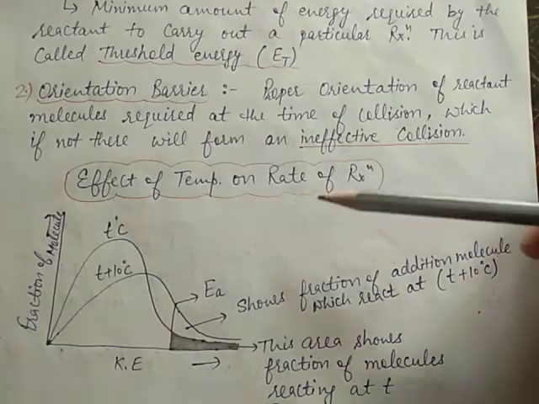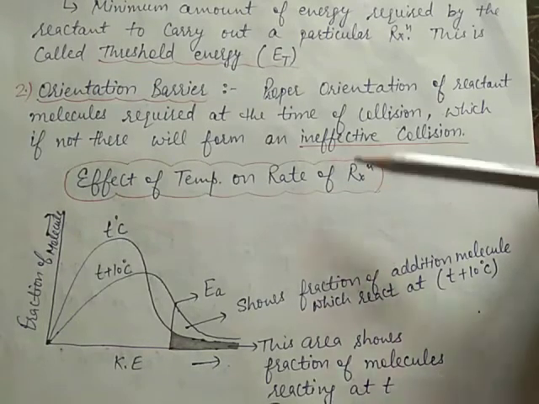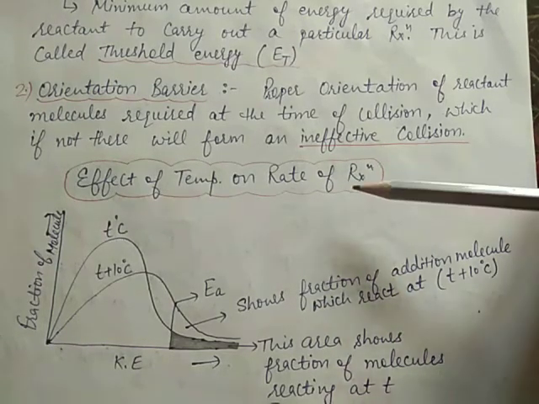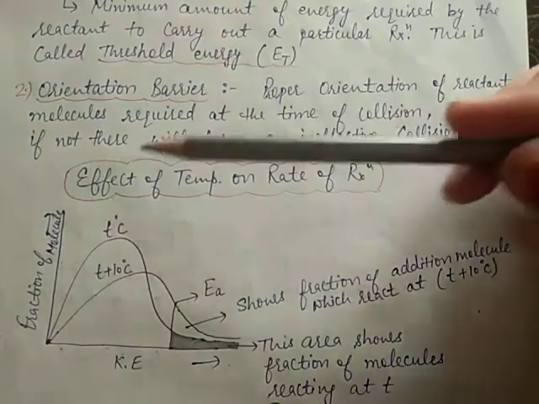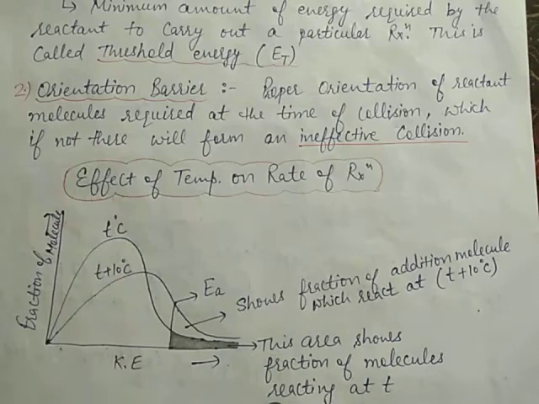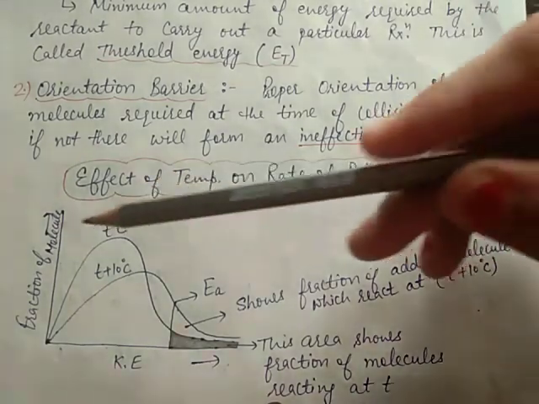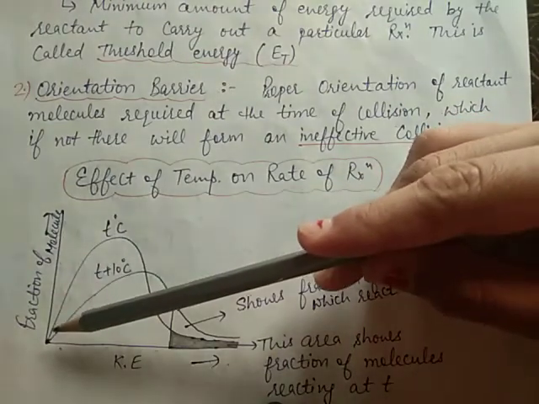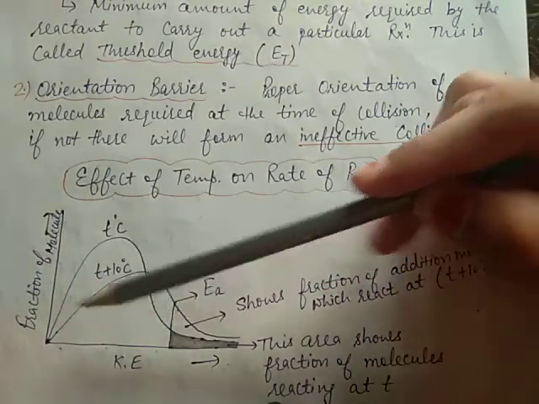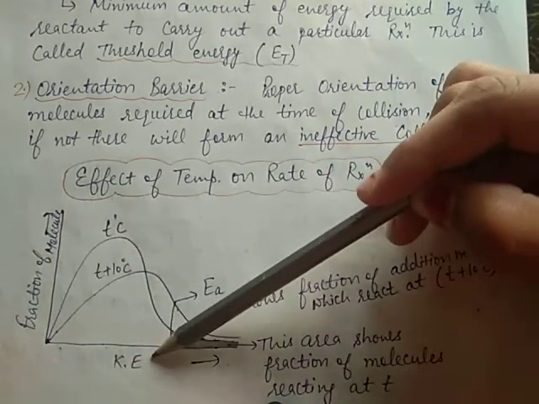Now the next is effect of temperature on the rate of reaction. How does temperature affect the rate of reaction? We have already discussed the temperature coefficient. Suppose here we plot the graph of fraction of molecules versus kinetic energy.